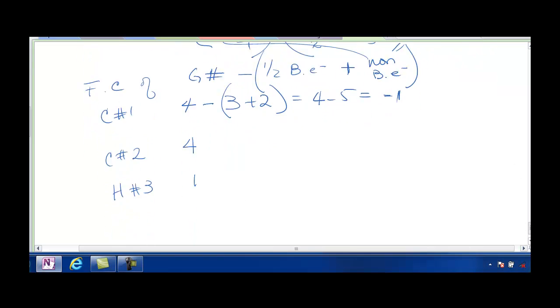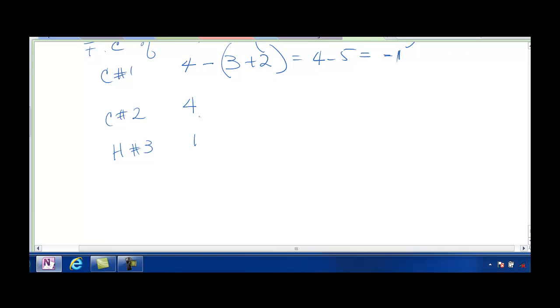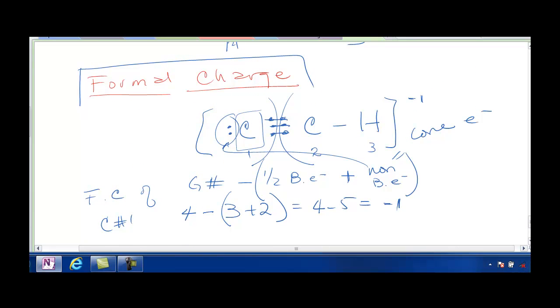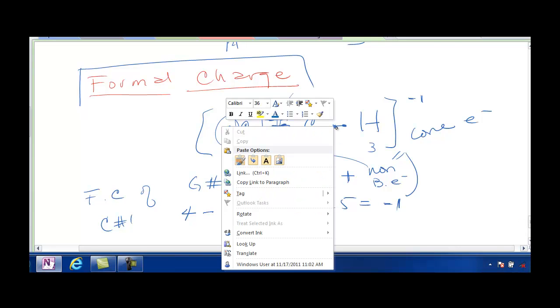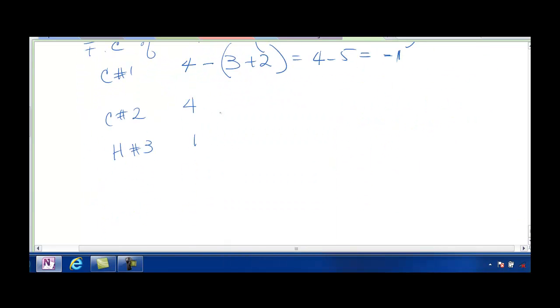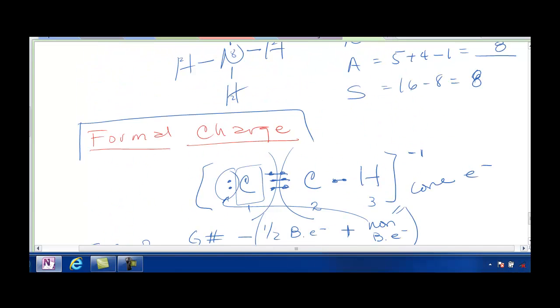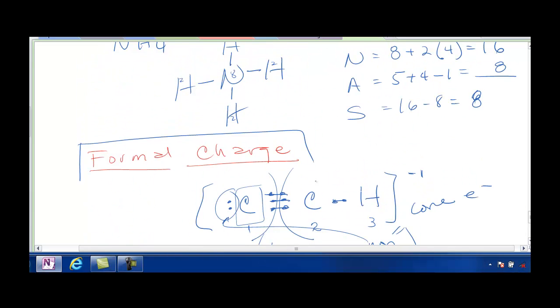What about carbon number 2? Let's follow the same rule. It's just a rule. Group number 4. Half of the bonding: 1, 2, 3, and 4. And lone pairs, none. So the formal charge is 0. This guy has no lone pairs there or there. Whenever I have a triple bond, you'll go dot, dot, dot, dot, dot, dot.